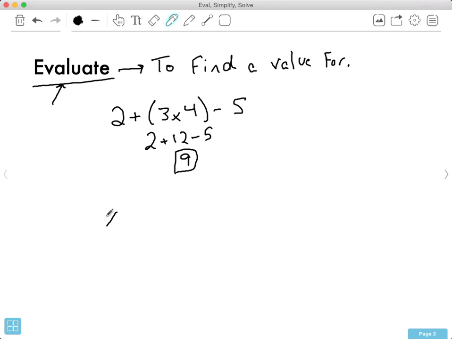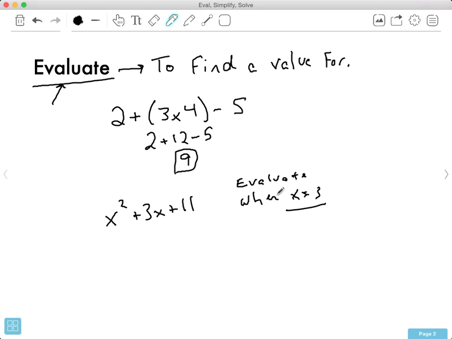You might also get an expression, maybe something like this, a nice quadratic. And you'll be asked to evaluate when x is equal to, let's say, 3. Okay. What that means is you're going to substitute in the value of 3 for x, and you're going to work it out down to a final number.